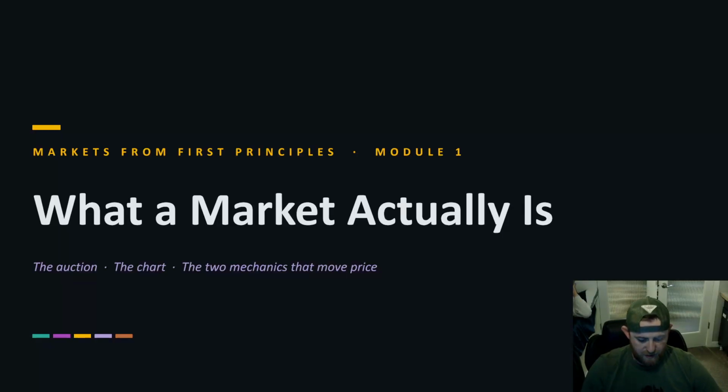So we're going to try to set a good foundation of how we're actually going to look at these charts instead of having to try to come back and undo that stuff. All right. When we're done with this, I believe that you will be able to clearly articulate what the market actually is in a clear and concise explanation instead of just a description.